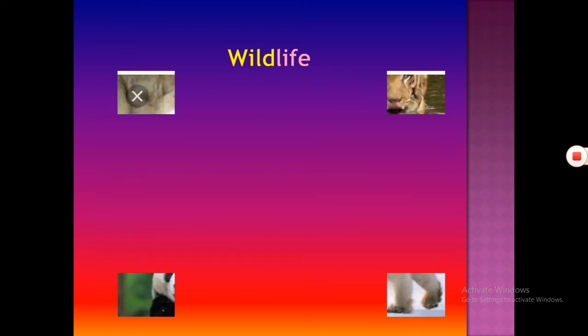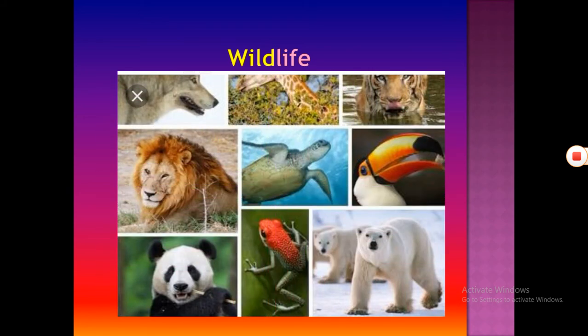We find elephants in the evergreen forest of the Western Ghats and Assam. Rhinos are found in the Kaziranga National Park in Assam. Tigers are found in Sundarbans in Bengal and the Jim Corbett National Park in Uttaranchal. Lions are found in the Gir forest in Gujarat.